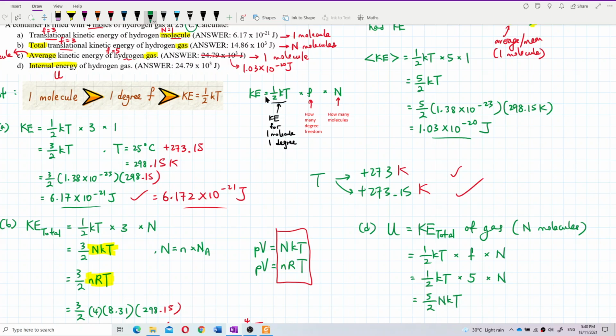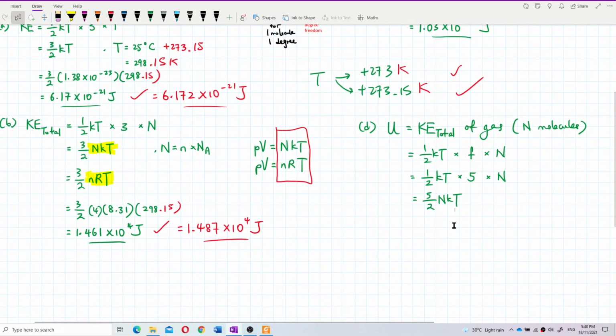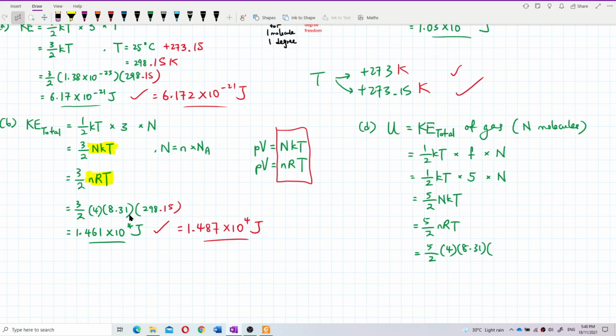But we are given only the number of moles, so we can change it to nRT: 5 over 2 nRT. The number of moles is 4 moles, then 8.31, then 298.15. So let's calculate.